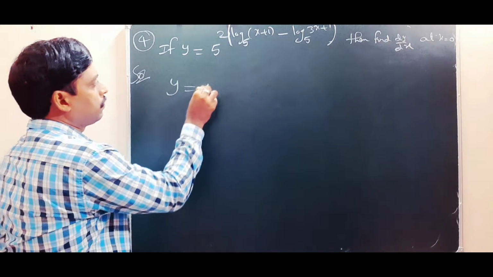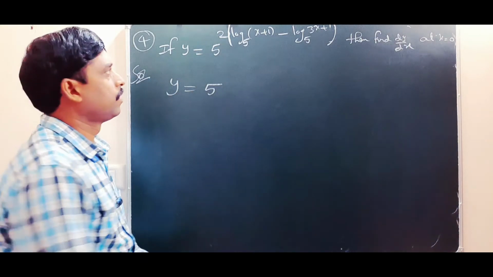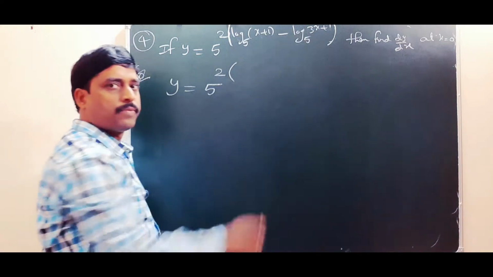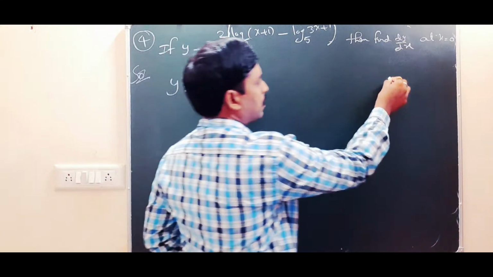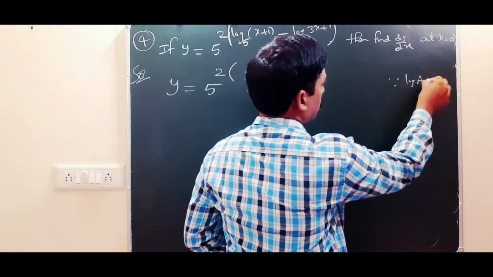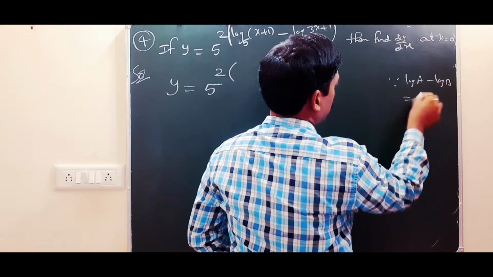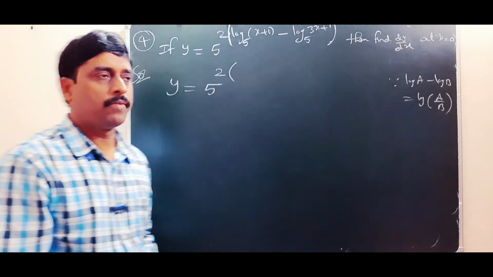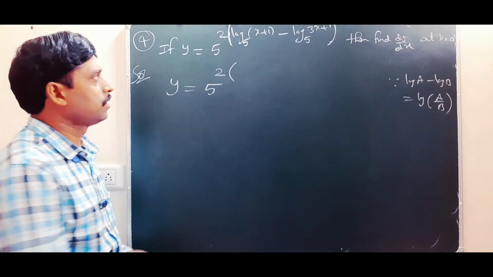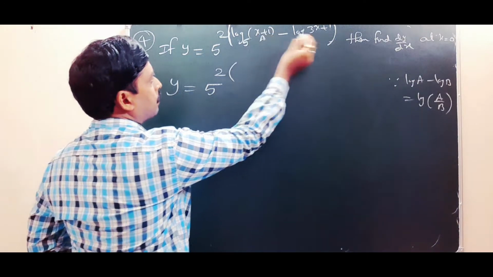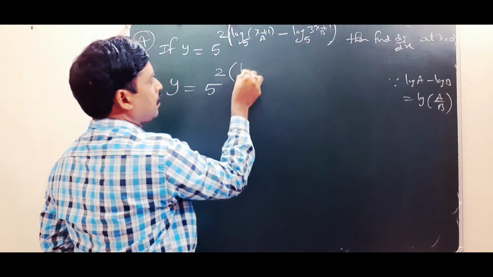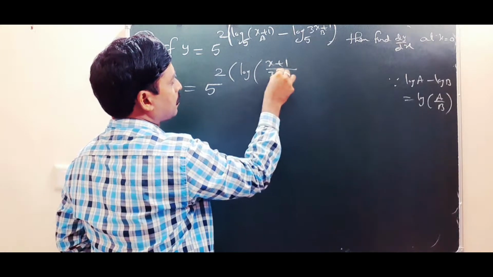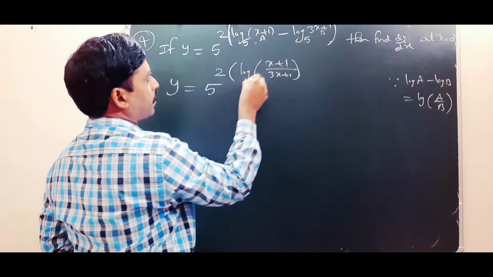Y is equal to 5 to the power 2 times, we have the formula log a minus log b is equal to log a by b. We should apply that formula. So log a minus log b is going to be log a by b, so log of (x plus 1) by (3x plus 1) base 5.